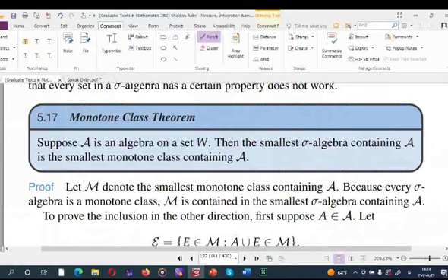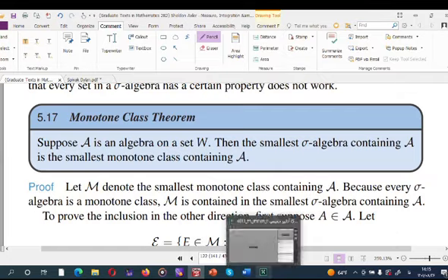Now in this proposition, we say that if A is an algebra, then the smallest sigma algebra containing A is equal to the smallest monotone class. We denote this sigma algebra by SA.